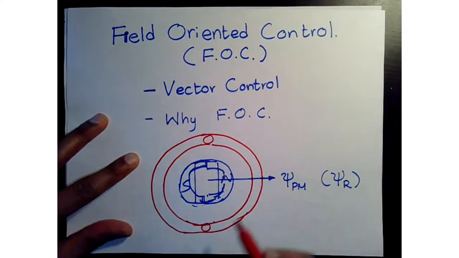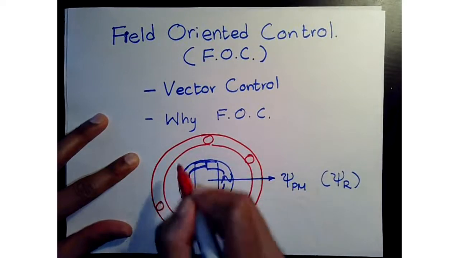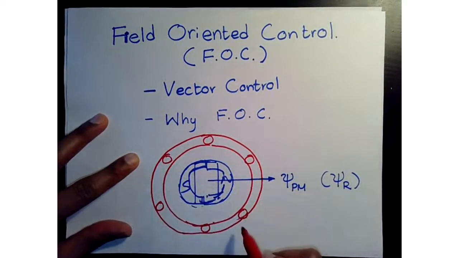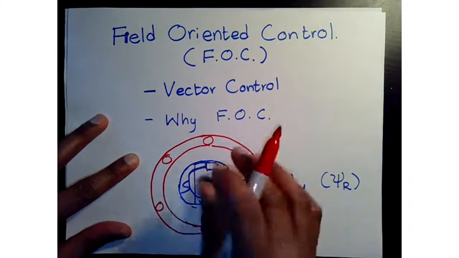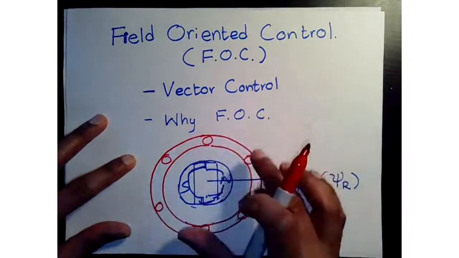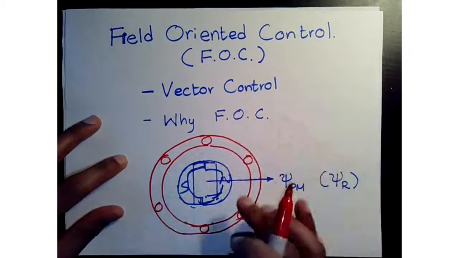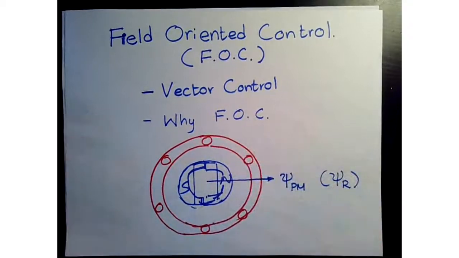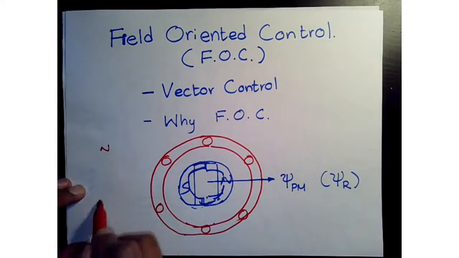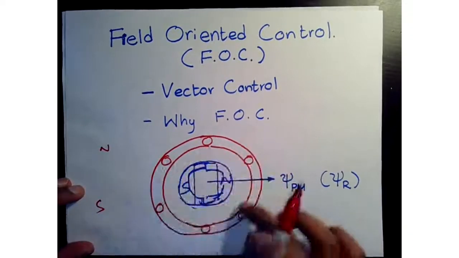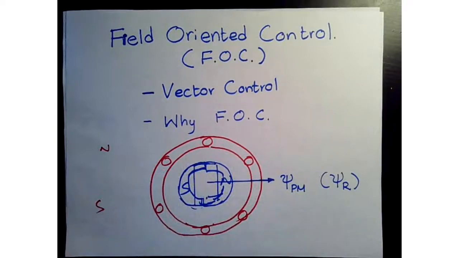So we have A, B, and C windings, and depending on how we apply the voltages and currents, we can establish a flux vector, essentially another north and a south within the air gap, right?